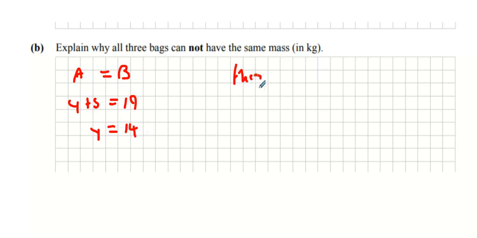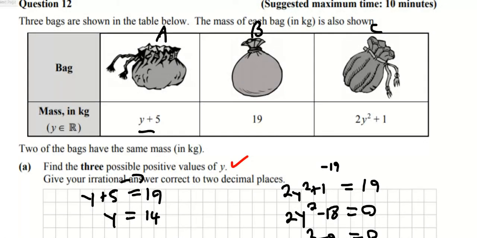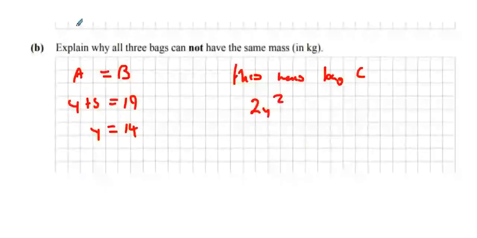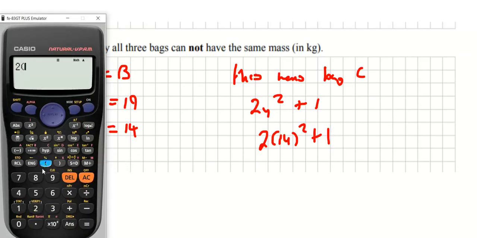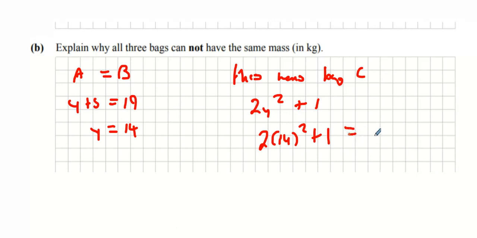This means bag C will be 2y squared plus 1, if I remember correctly. And then 2 times 14 squared plus 1 equals 393 kilograms, which is not equal to 19 kilograms, so they can't all be the same.